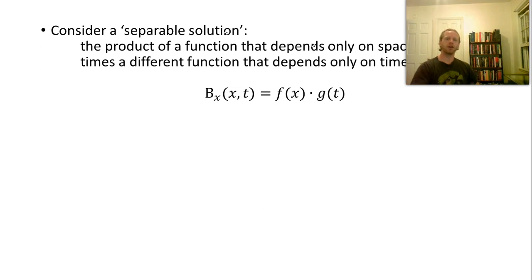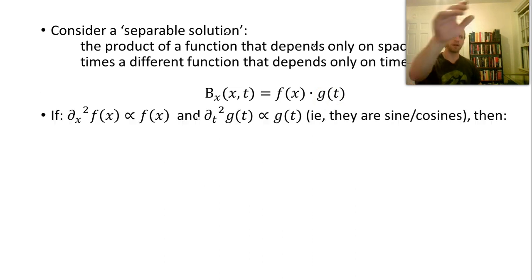So this ansatz here is going to be, what if our function that had both x's and t's was actually two separate functions, one that only depends on x, multiplying one that only depends on t. If that's true, the product rule will act in our favor here. And so that's what I mean here.